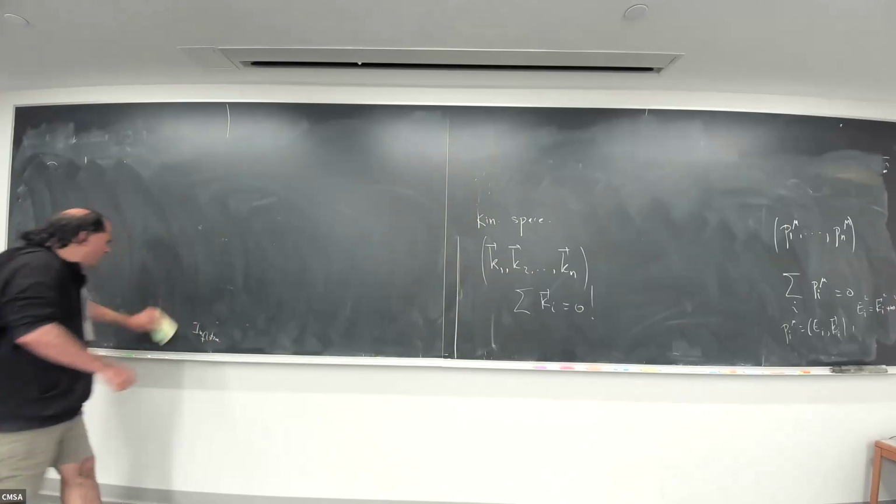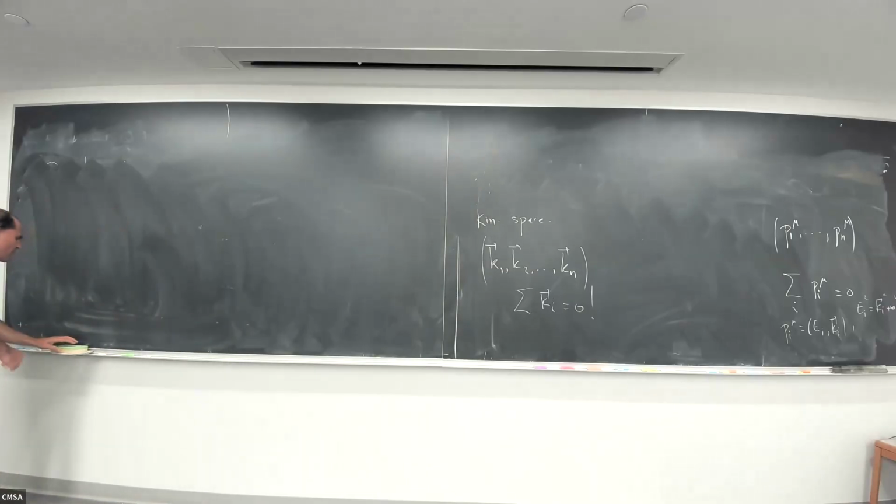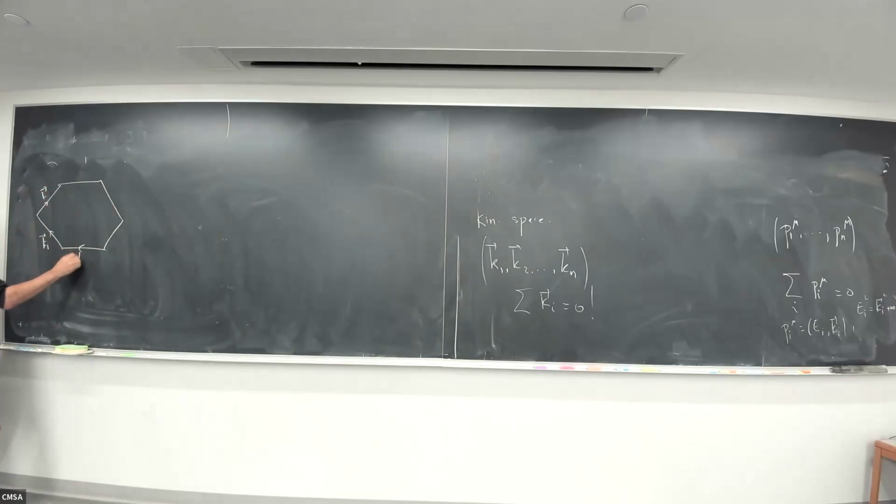So in both cases, there was a closed polygon, K1, K2, up to Kn. This is all there is for the cosmological correlator.